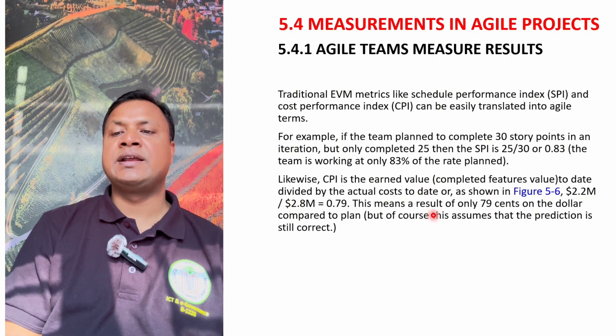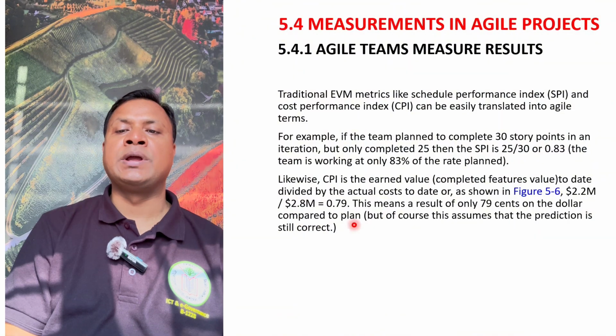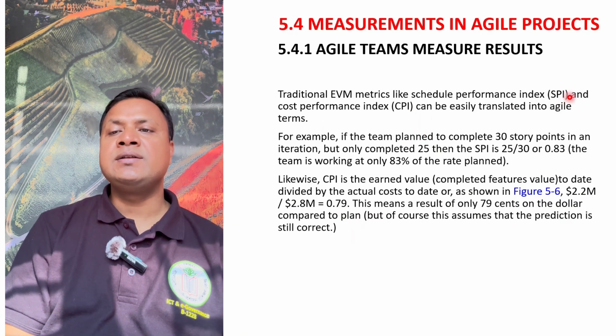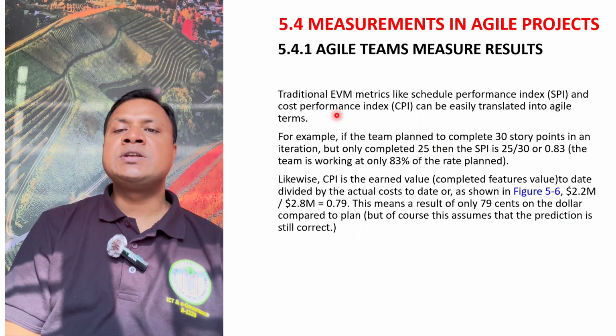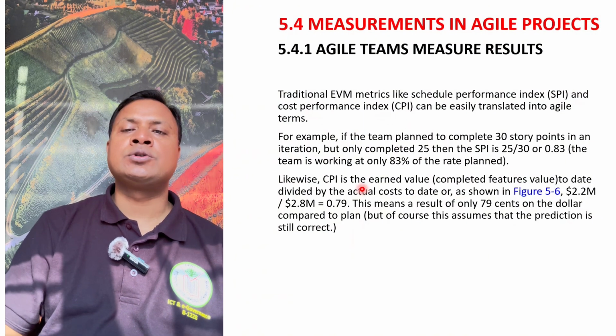This means a result of only 79 cents on the dollar compared to plan. So by finding the Schedule Performance Index or the Cost Performance Index, you can understand where your position is.